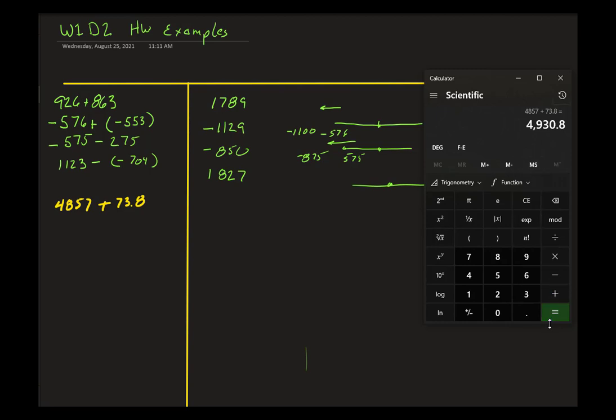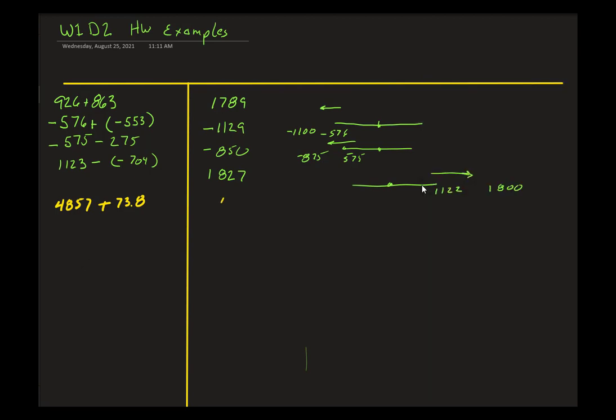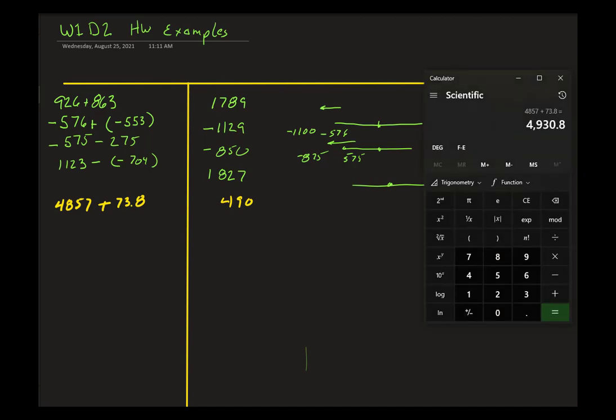So sure enough, it comes up that way on the calculator. However, we can't use this number because we don't have any numbers past the decimal point on the left-hand side. So we're going to have to round up. So if we take this number, what did we come up with? Oh, 4930.8.